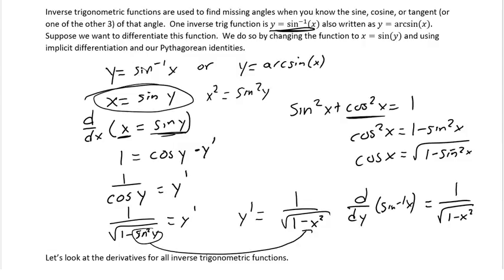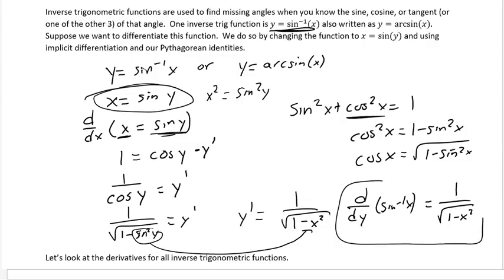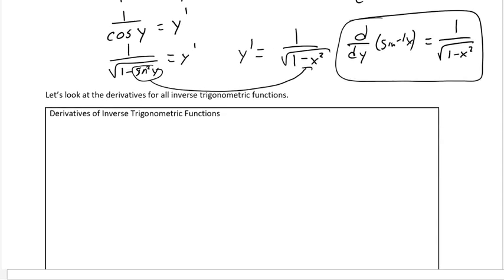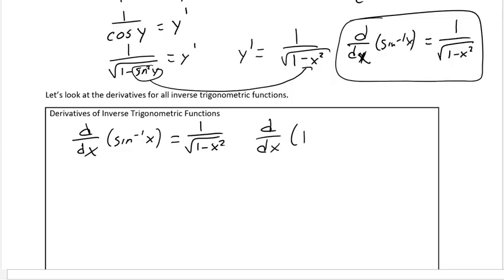We're not going to go through every proof, but I wanted you to see where at least one of them comes from. And this is one of the two most common ones: the derivative of the inverse sine is 1 over the square root of 1 minus x squared. The other most common one is the inverse tangent, and that equals 1 over 1 plus x squared.